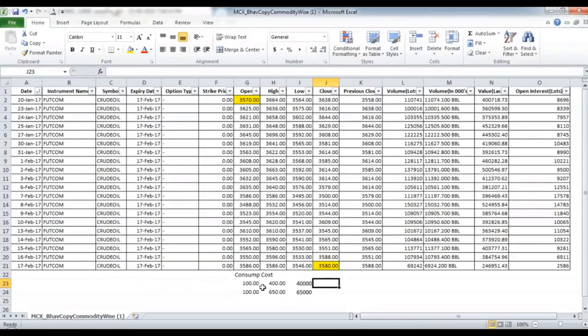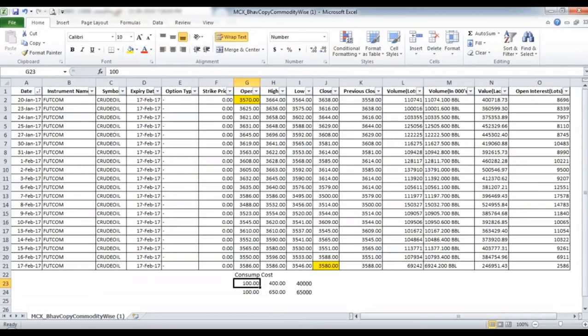Now, whatever is their consumption and as much as they want to hedge, they will create a futures contract and sell it in the market. Say the current price is 400 rupees, they will sell it at 400 rupees.